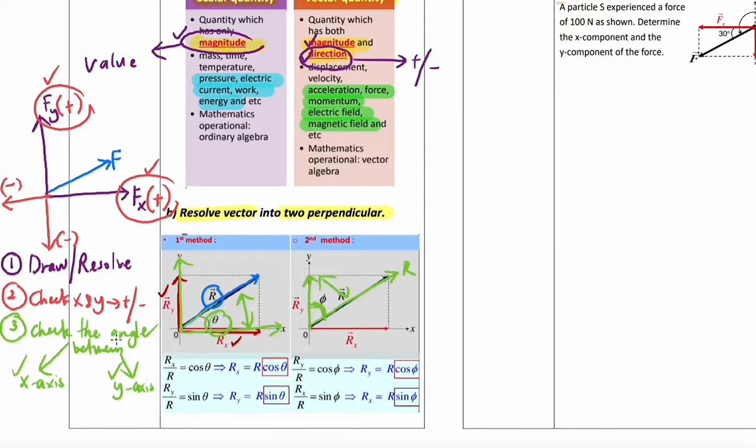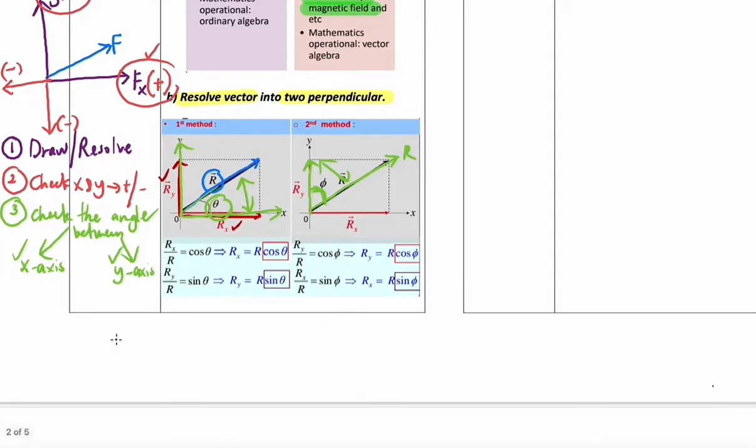So what happens if it's between the x-axis? Ingat, if it's between the x-axis, it is the first case, and this is the second case. So right here the number 1 and this is number 2. If it's in between the x-axis, so we will know rx.